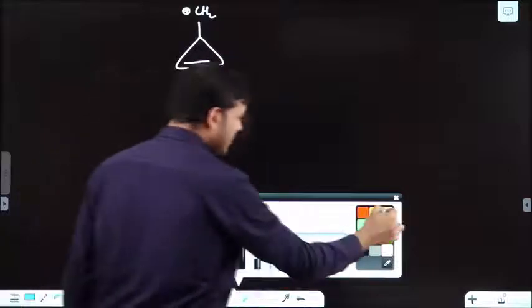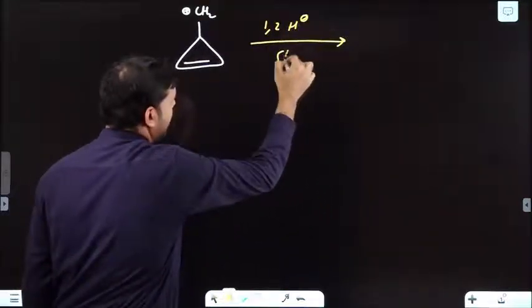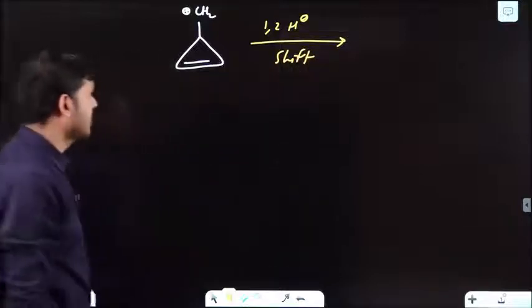Now what do you think? If I make a 1,2 H minus shift here, what will happen?